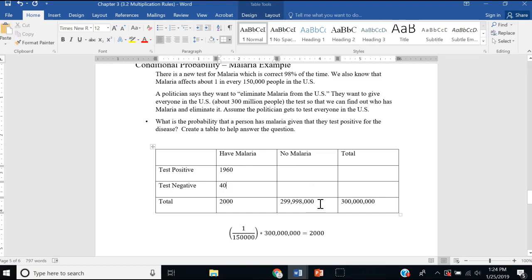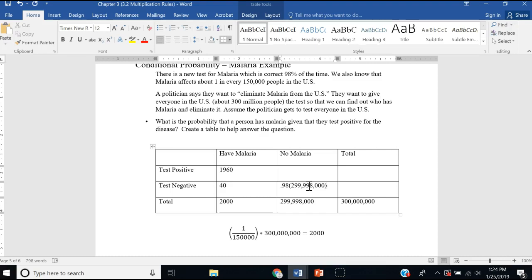Now let's go to this next, bigger group. This bigger group does not have malaria. So 98% of the time, this group should test as negative because they don't have malaria. The test getting it correct would say they don't have it.